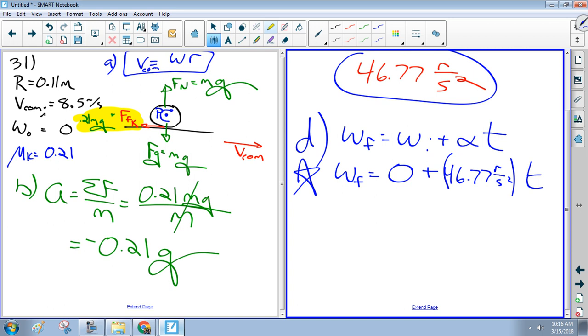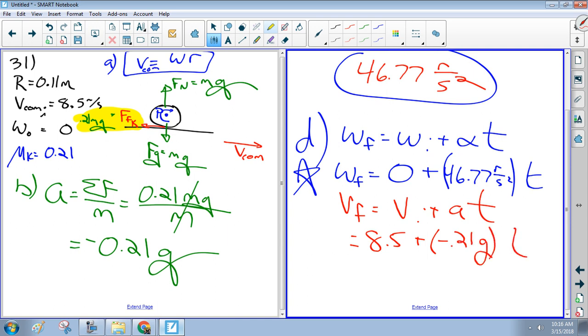The linear. So let's come up with a similar equation for our linear motion. If I do that, the corresponding equation would be this. Yes? So let's plug in our numbers for that. What's our VI, you guys? 8.5 plus our acceleration, which is negative 0.21 g, some number I haven't figured out yet, times t, right?